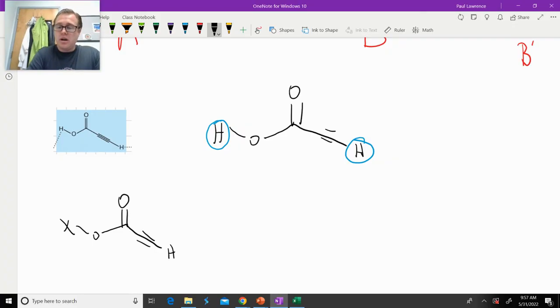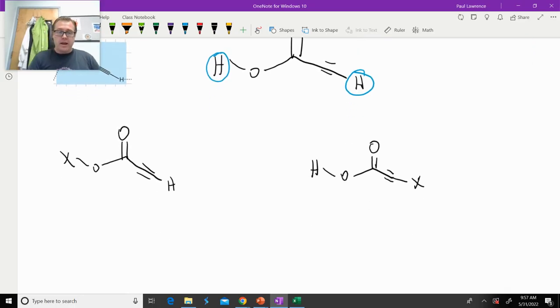And then draw the second one. And replace this hydrogen right here with an X. Okay. And now what I do is I say, hey, that's A and that's B. And then I can take either one of them and flip them and rotate them in any which way to see if they are superimposable or not.